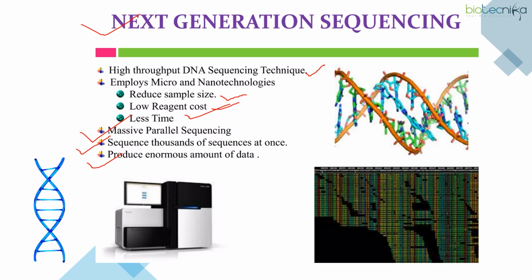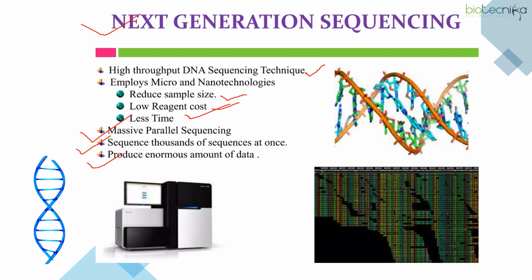Because we are able to perform the sequencing of thousands of samples at once, right? And it can perform massive parallel sequencing at a time. So that's why we are able to get the results in a huge amount of data, or the big data as we call it in today's era. Got it?